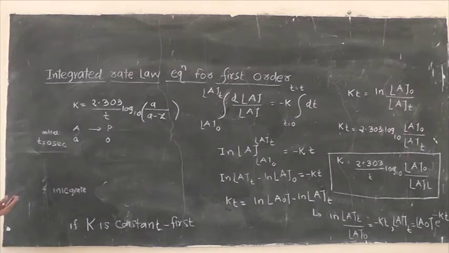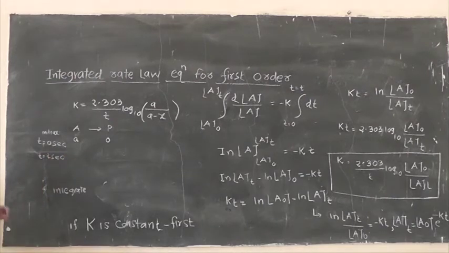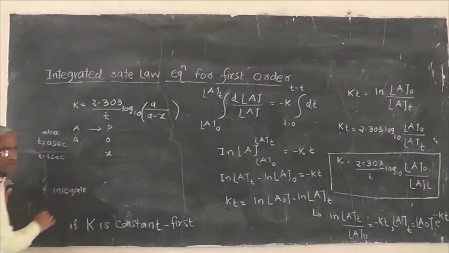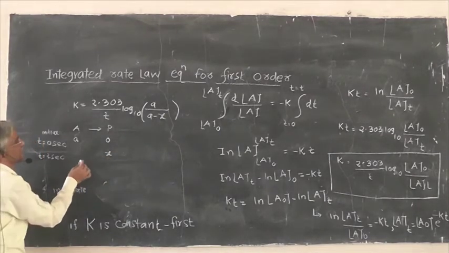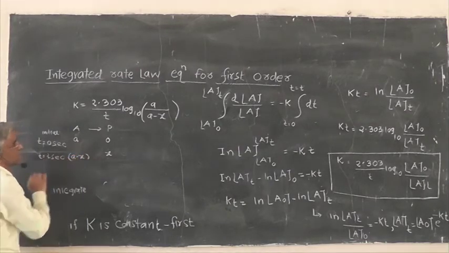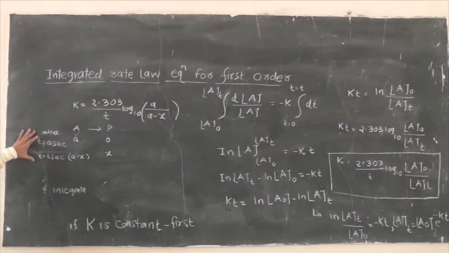After some time, say t equal to t second, say we have obtained some product, say x amount, then the amount which has not yet reacted, left behind, will be a minus x.